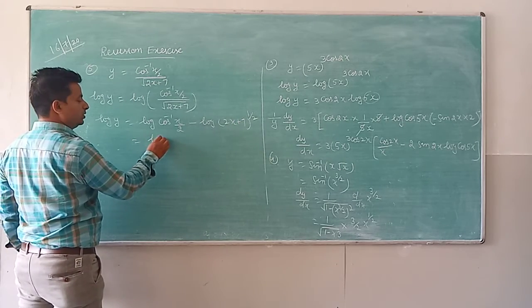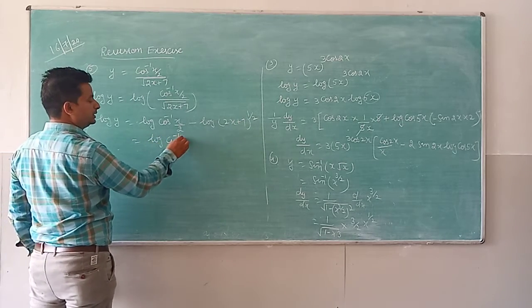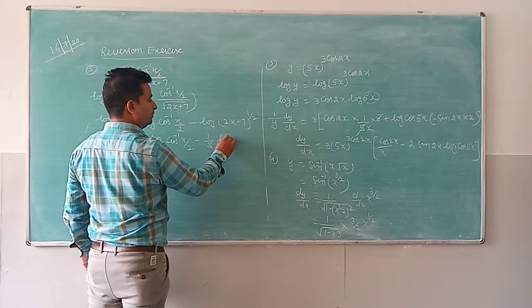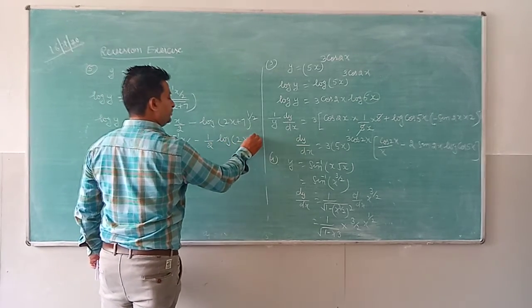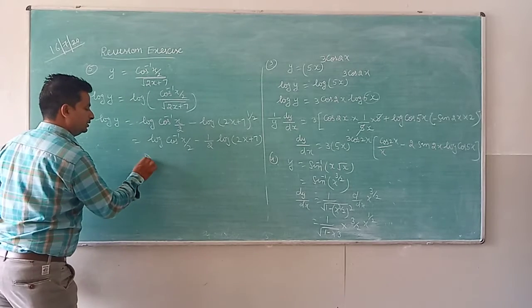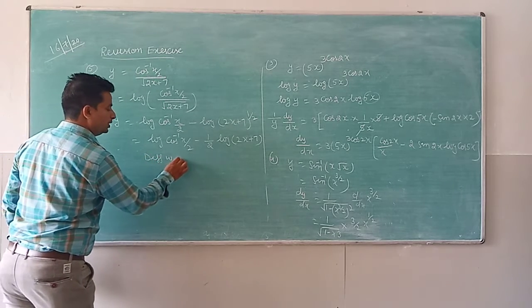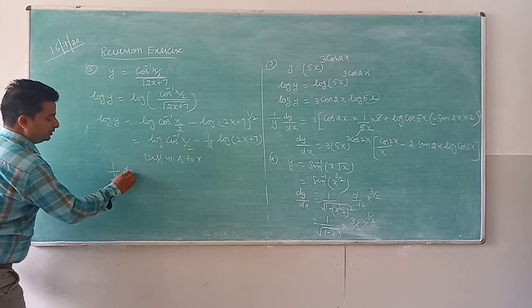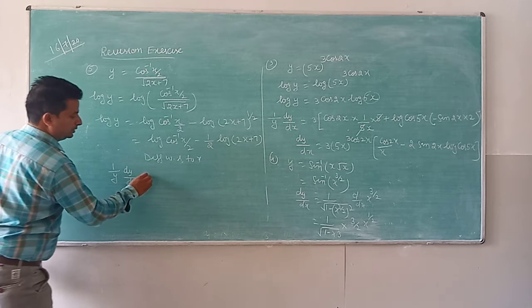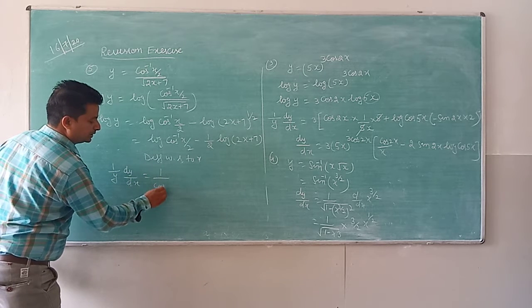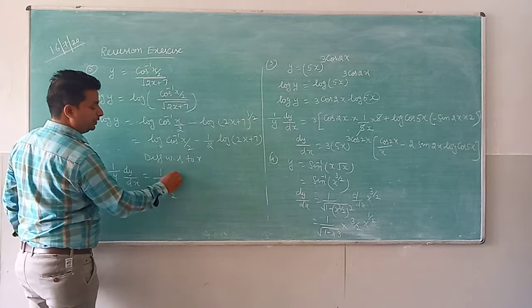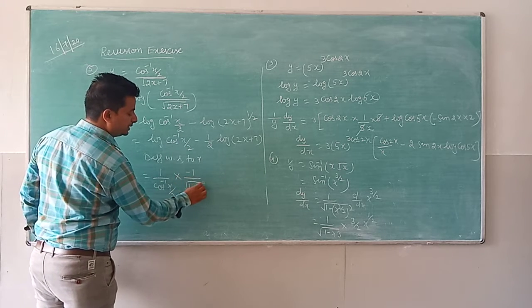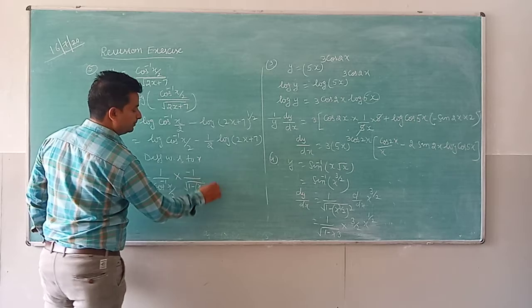So this is log cos inverse x/2. Here we use the identity of log, and differentiate this with respect to x. So this is 1/y dy/dx. Differentiation of this is cos inverse x/2 into the derivative of cos inverse, which is minus 1 over root of 1 minus x squared by 4.